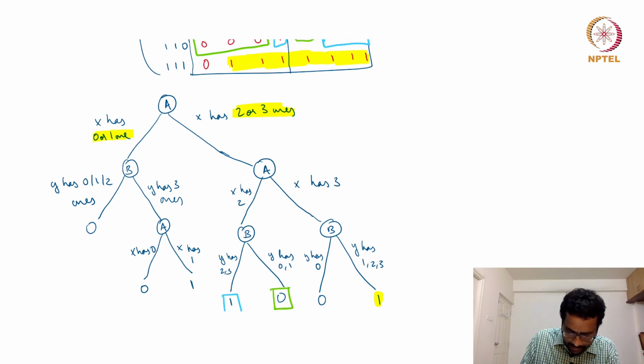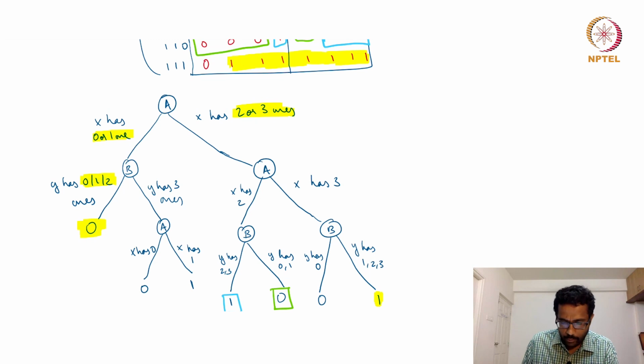Now let's look at the left side. If Alice has 0 or 1 ones, and Bob has 0, 1 or 2 ones, that means that the maximum number of ones they together have is 2 plus 1, which is 3. And in this case the function value will be 0, because the function value is 1 only when they have 4 ones. So that is what I have indicated here at the leaf.